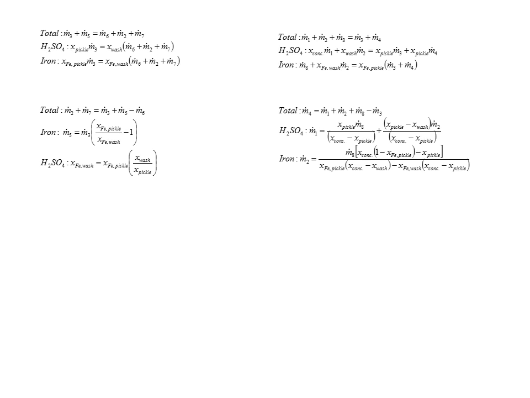And then using that equation, substituting it into the iron mass balance equation, we get a unique equation for the mass flow rate of stream 2 in terms of mass flow rate of stream 8 and the sulfuric acid mass fractions and the iron mass fractions in the pickle solution, the wash solution, and the concentrated acid solution.